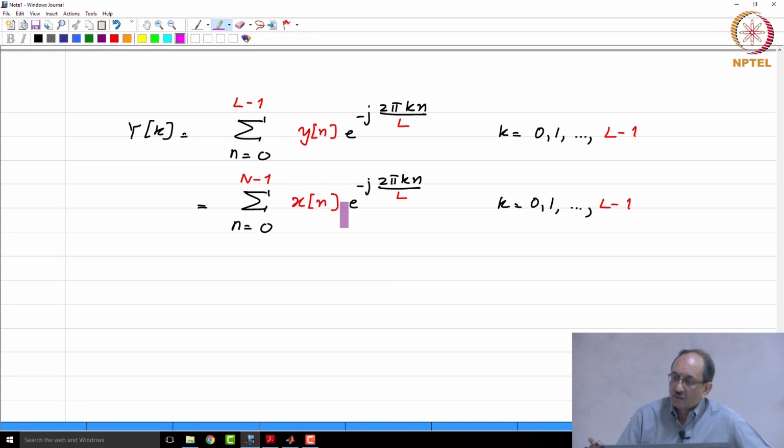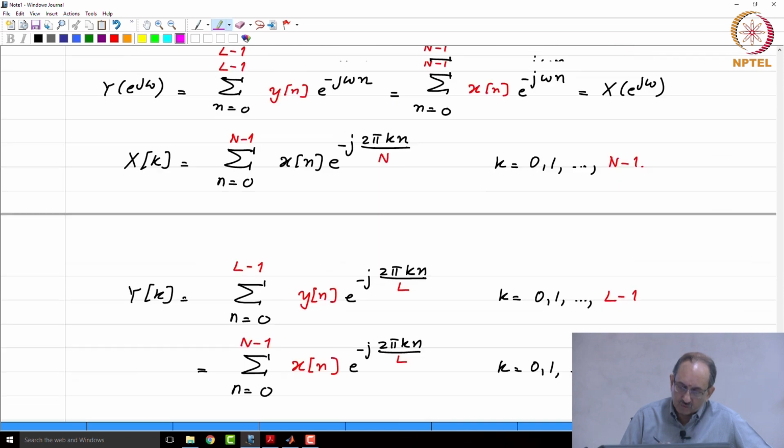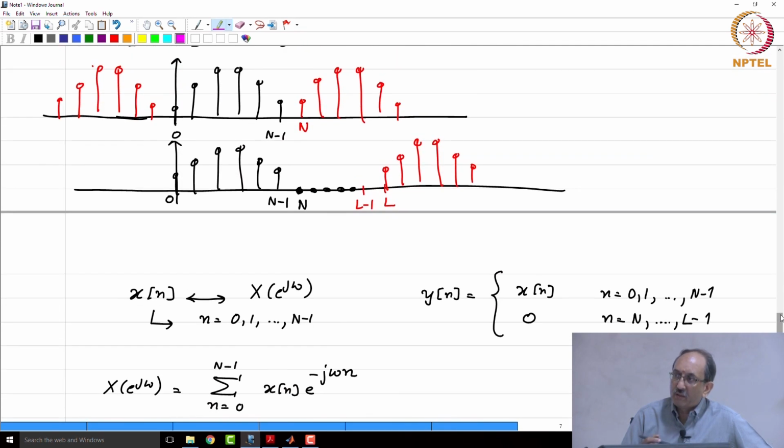So either you can take this viewpoint by starting off with a given sequence and zero padding and then realizing that you have sampled the DTFT at a finer set of points. The other way of looking at it is what we saw earlier, you take the DTFT, sample it and then realize sampling it at a finer set of points means the repetitions occur later in the time domain, which is equivalent to zero padding. So these are two sides of the same coin.